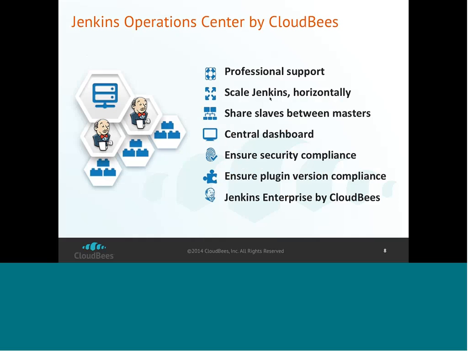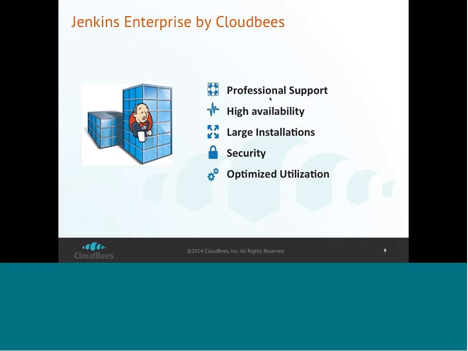So one of the products I referenced earlier was Jenkins Operations Center. This product was designed to offer a central dashboard for administrators who need to manage their organization's Jenkins masters. It allows for horizontal scaling of Jenkins across an organization while enforcing security configurations and pushing only approved plugins to a custom update center if you so choose. We also offer Jenkins Enterprise.